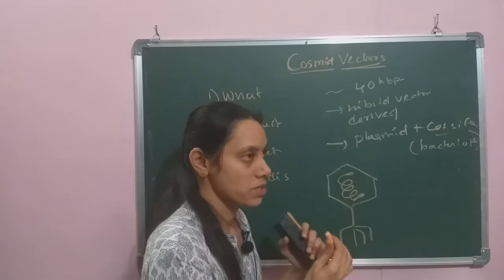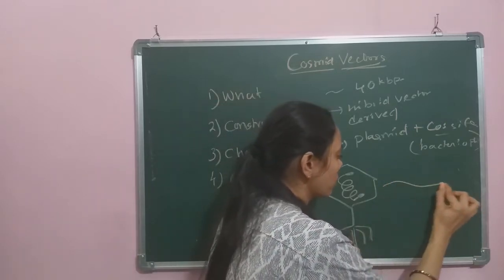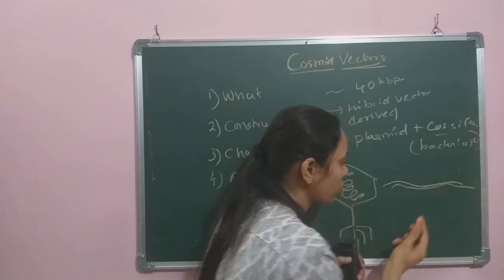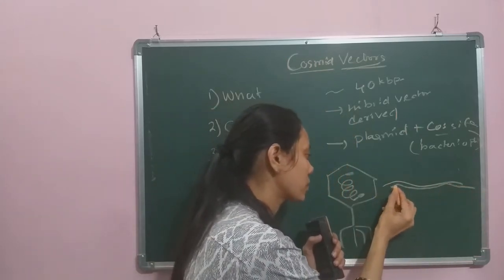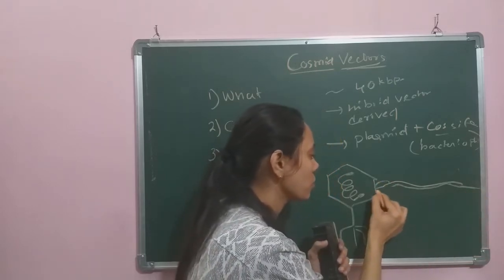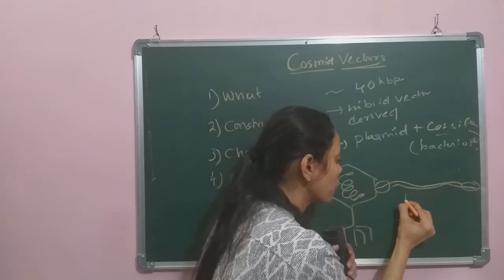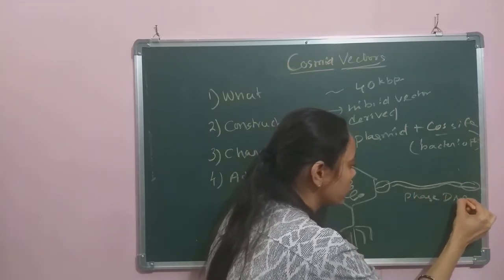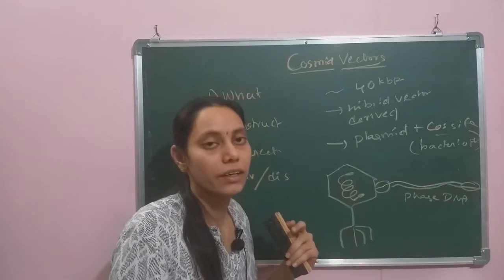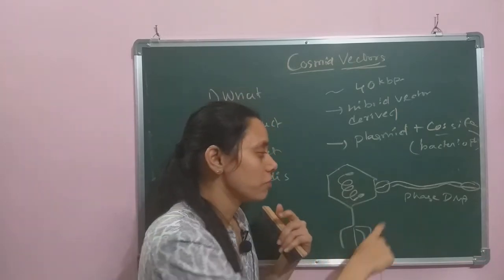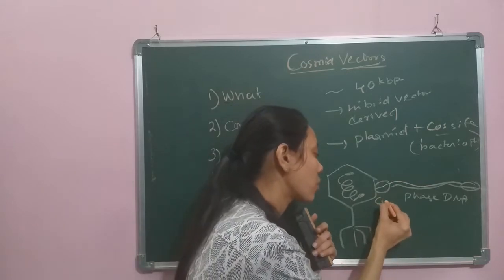These cos sites are small portions of the DNA present in single stranded form towards both ends of the phage DNA. So small single stranded overhangs present at both ends of the phage DNA are known as cos sites.